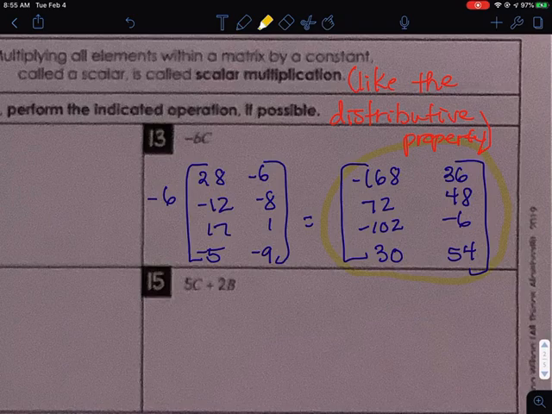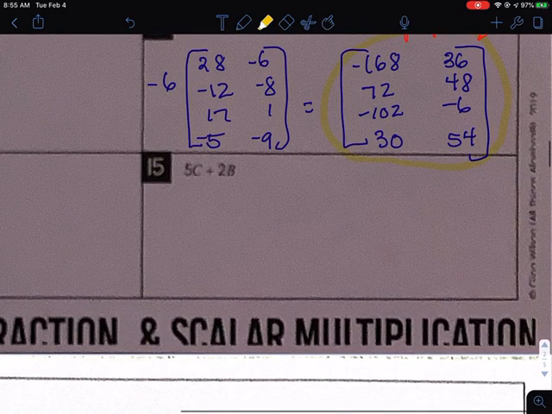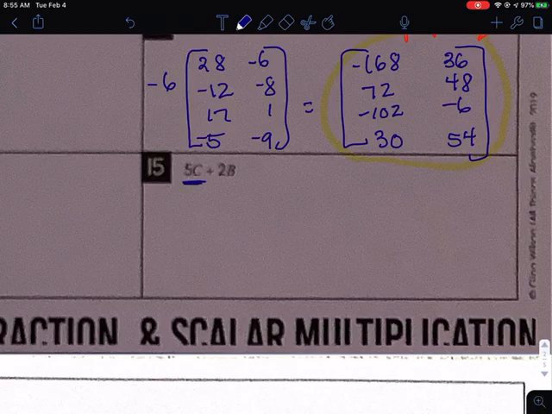All right, so then what you will do next for number 15 is you will do this. You'll multiply 5 times C. This is step 1. Then you will multiply 2 times matrix B. That is step 2.